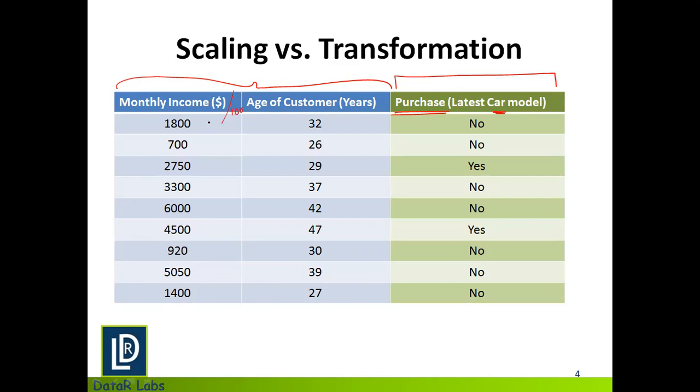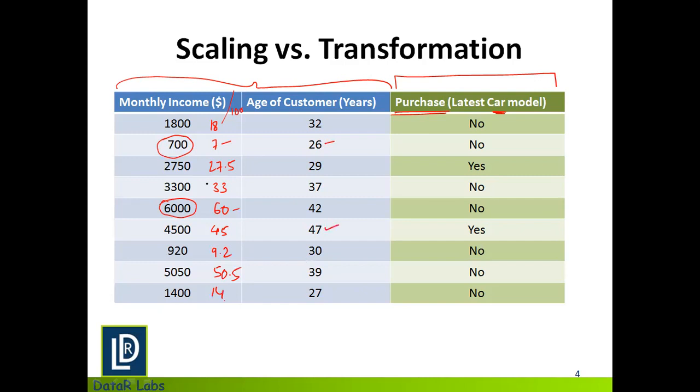So if I do that, the values I get are something like this. Initially, the range in monthly income was from 700 to 6,000, which has now become 7 to 60, as compared to the range of age of customers, which starts from 26 and goes up till 47.